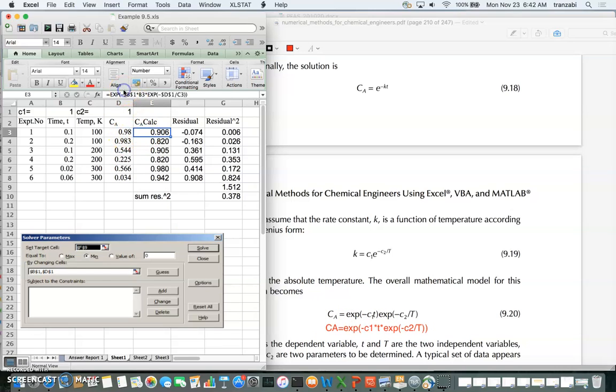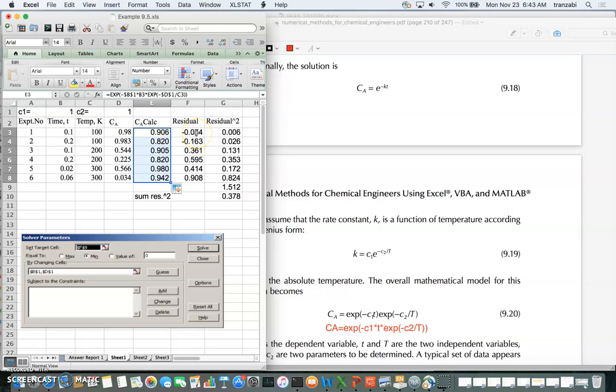In other words, this is going to be exponential of minus C1 times T, and then times exponential of minus C2 divided by temperature. C1, C2 are the blue and purple cells right here. So I'm going to drag this down. Okay, and I've calculated CA for all these values, given the C1 and C2 as guess.